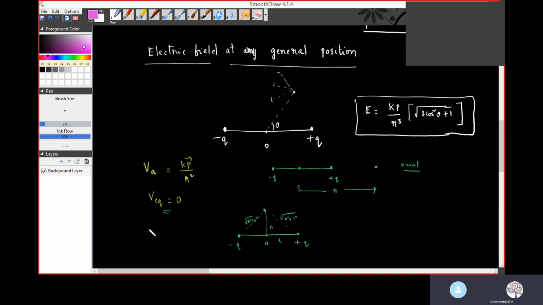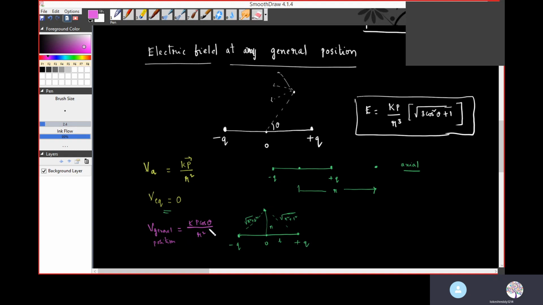And at any general position, the potential will be equal to 1 by 4 pi epsilon naught, that is k, into p cos theta by r square.